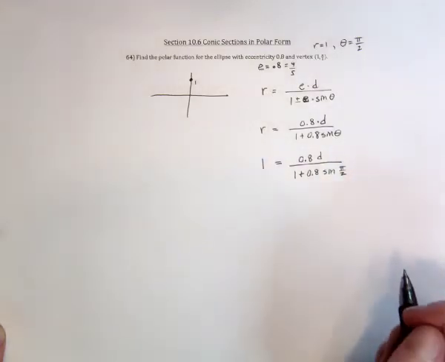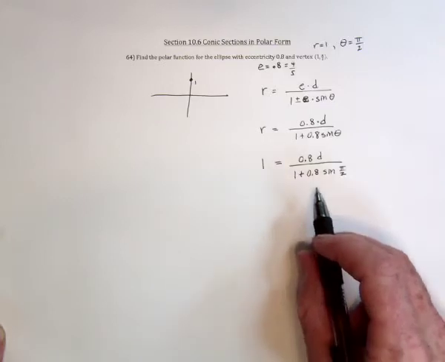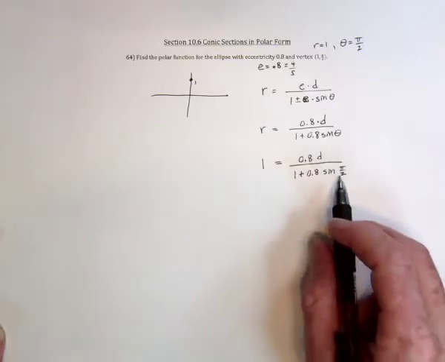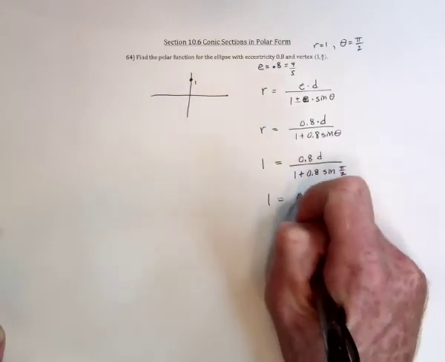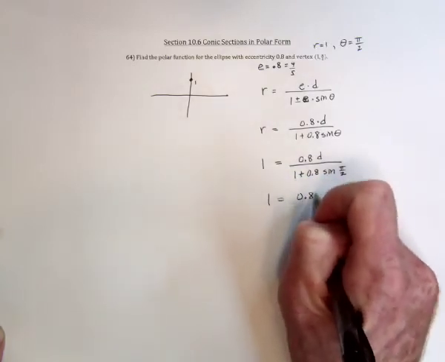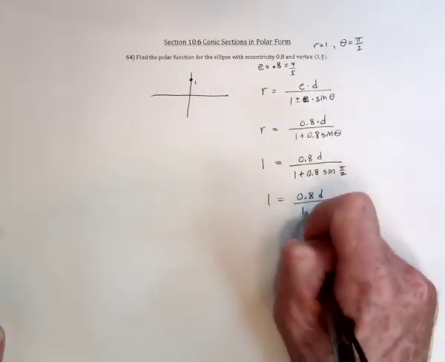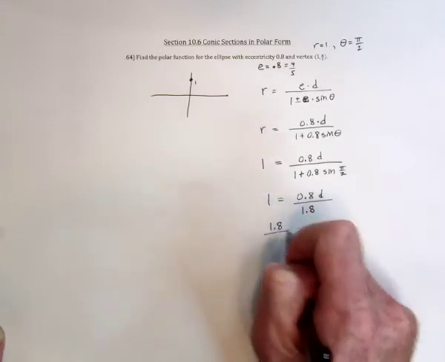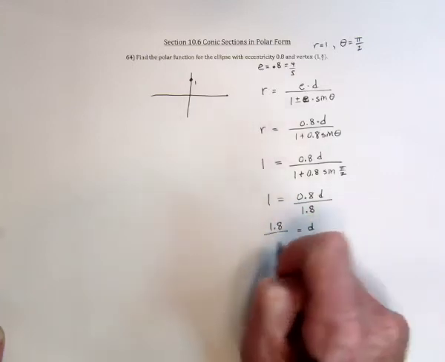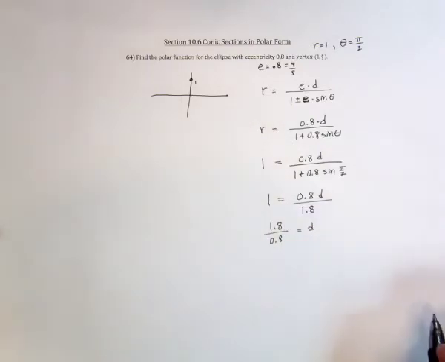Let's see, sine starts at the x-axis, goes up, so sine of pi over 2 is 1. That means that we have 1 equals, this would be 1 plus 0.8. Then do some fancy algebra. And we've got 1.8 divided by 0.8.